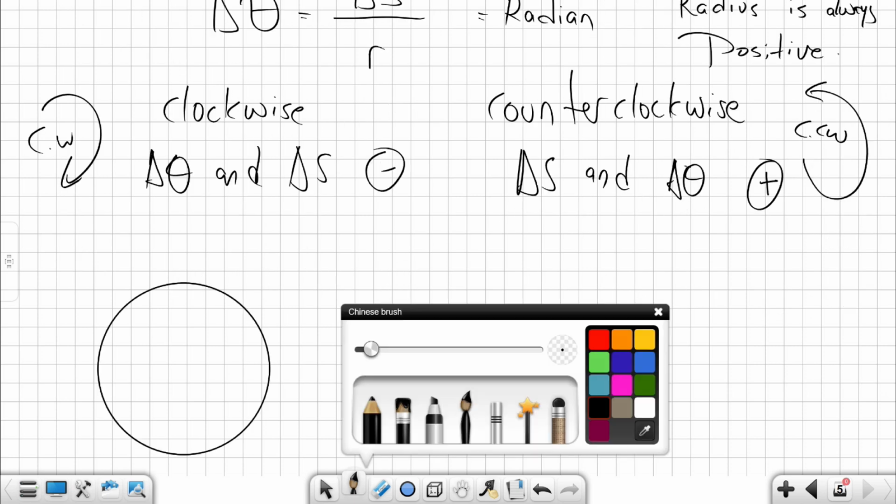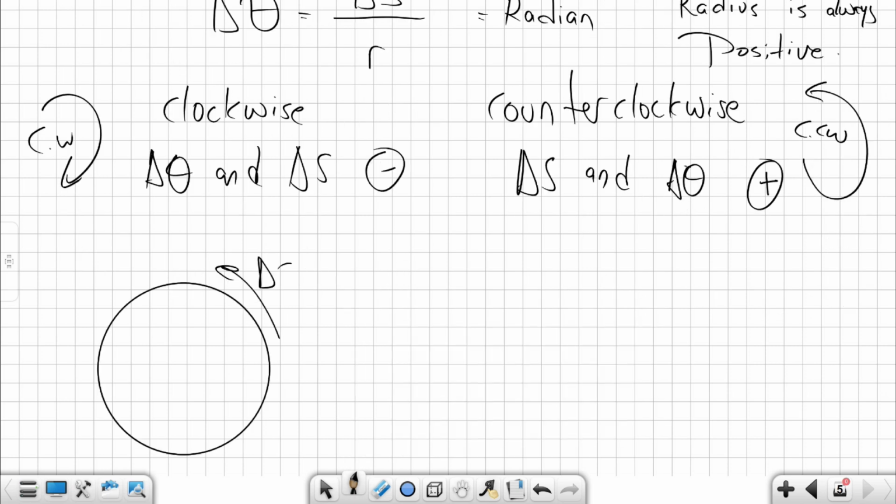Now, if an object moves in a circular path, it will travel through an arc length of delta S in a time interval of delta time. At the same time, we have a change from theta initial to theta final, so we have a delta theta in the same time interval. The object is moving through a distance in a time interval, so it has a certain linear speed.